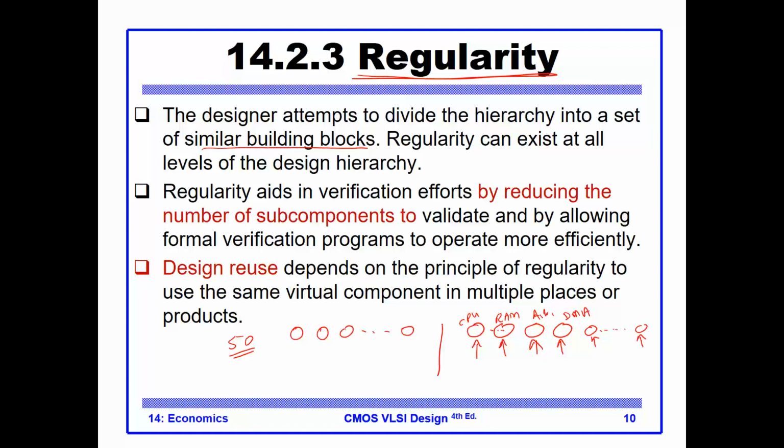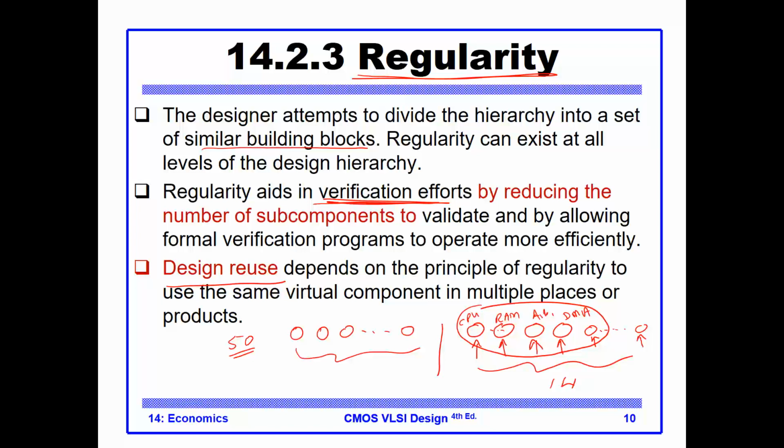Now notice the two situations here. I have 50 different ones that I have to design and test, versus here I have 14 to design and test. So notice every one of those I need to design once and use many times. That's design reuse, and that will save a lot in my verification and design process, because I will have to design and verify those once.